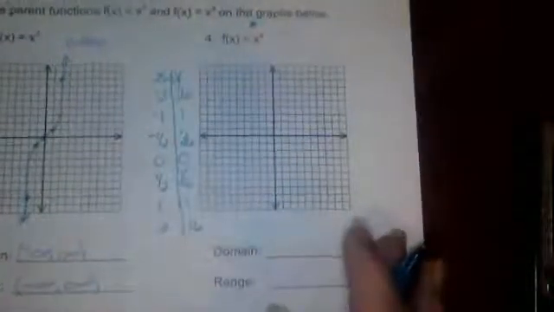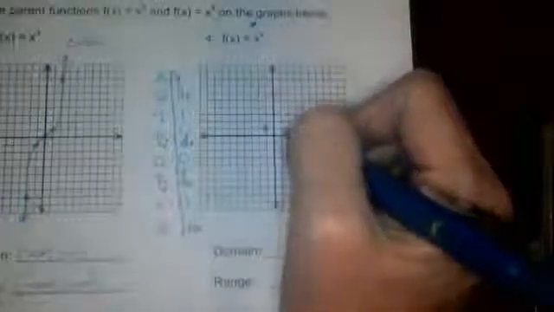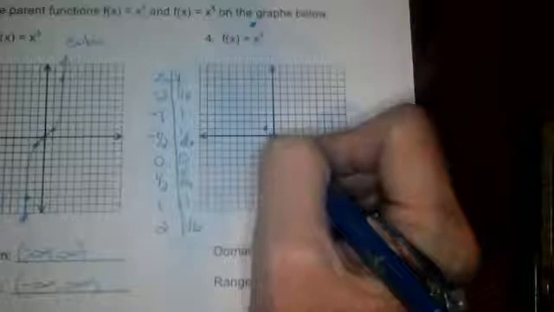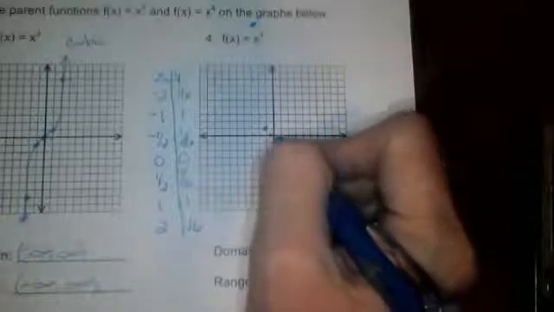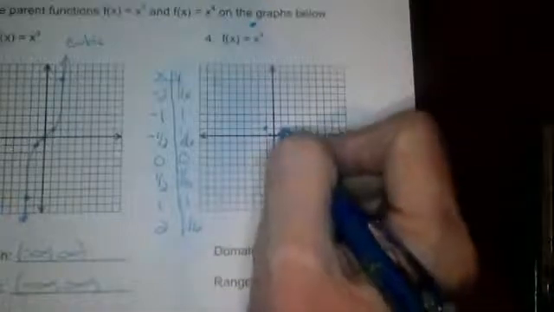So what we can tell is that this one at negative 2 is 16. I'm going to put it out way up there, even though it's off the graph. And then we've got negative 1, 1. We've got negative 1/2, 1/16, which is right along the line, then 0, 0, then 1/2, then 1, 1, and then 2, 16, way up there again.